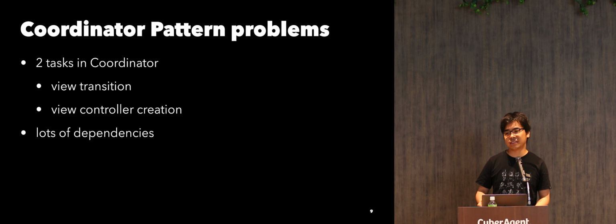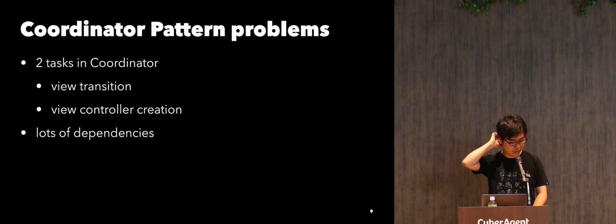So the coordinator is getting bigger and really hard to test. Or sometimes I just want to change the transition, but it's a little bit difficult to change because the coordinator has two tasks. So the target that I want to solve is this problem.